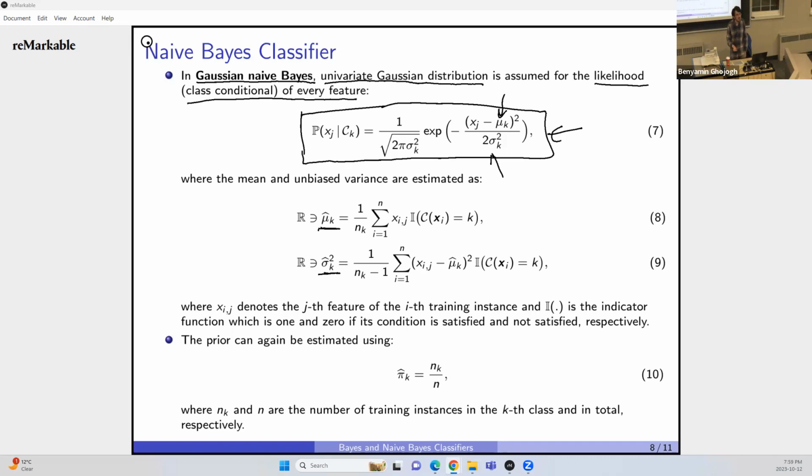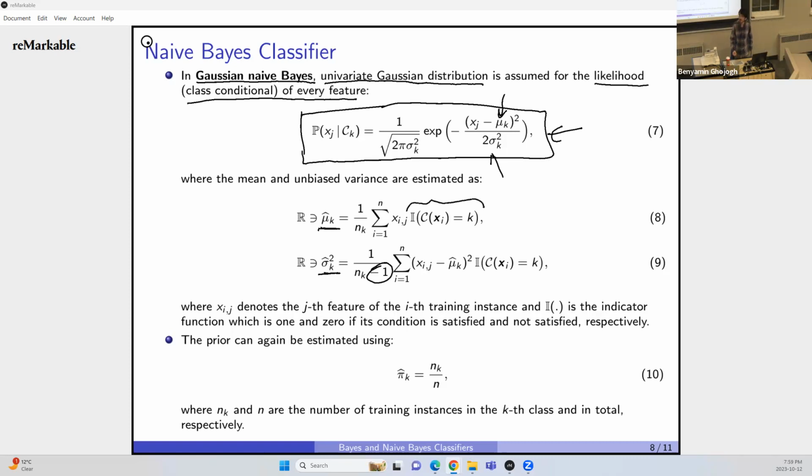Here, as it is univariate, it's not a covariance matrix, it's variance. We learned the scalar mean and the scalar variance in high school, you remember? And why do I have -1? Because it's an unbiased estimation. If it is a biased estimation, then I don't have -1 in the denominator of the variance.